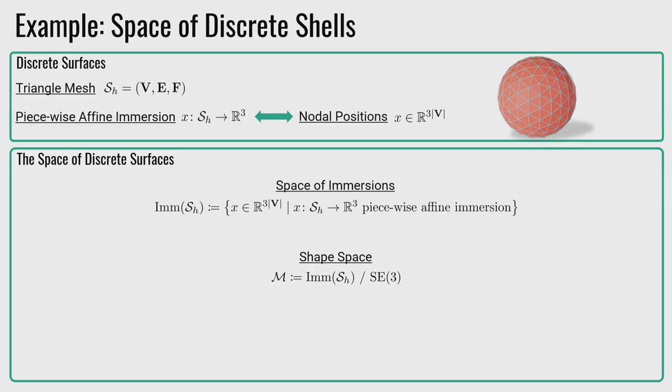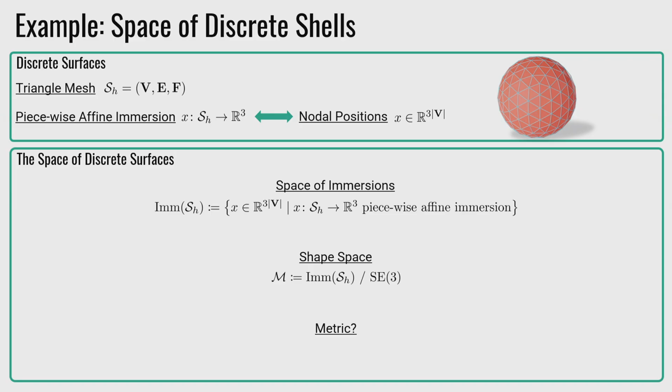So basically I care about my immersions modulo SE3, rigid body motion, saying two things are the same if there is a rigid body motion that puts one onto the other, which makes everything a lot more complicated. We will talk a bit about how to deal with this in practice. And mostly you just ignore it. That's the most basic trick you can do. But that's the space that we want to work on.